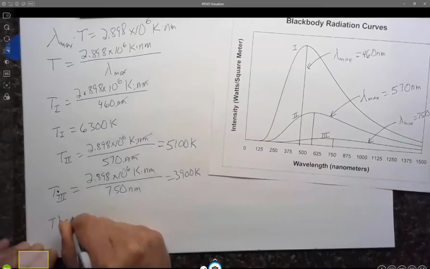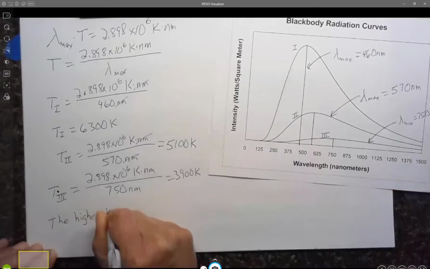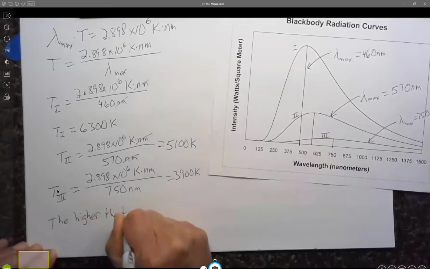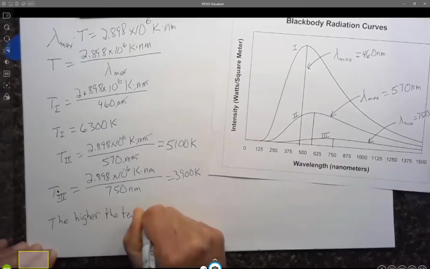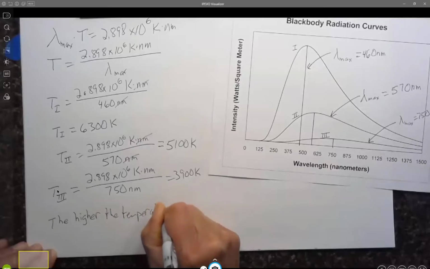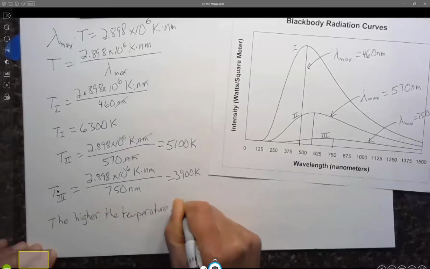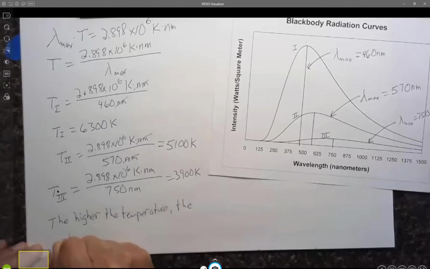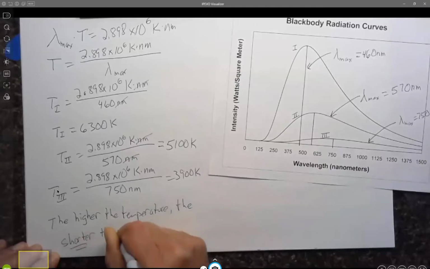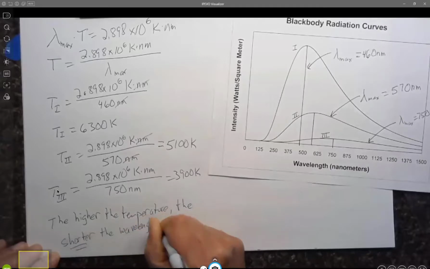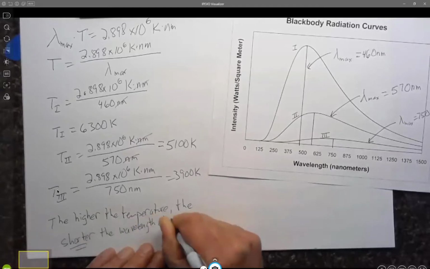The higher the temperature, the shorter the wavelength of maximum intensity.